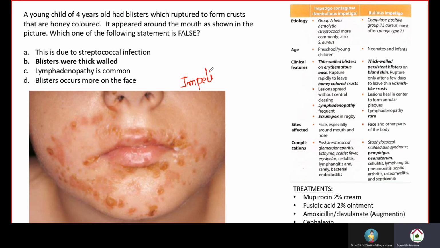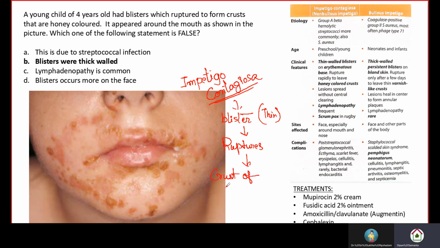You need to understand the condition first, and to be specific, in impetigo contagiosa, blisters occur, but they are thin-walled, and that is why they easily rupture, forming crust of honey color, or honey colored crust.